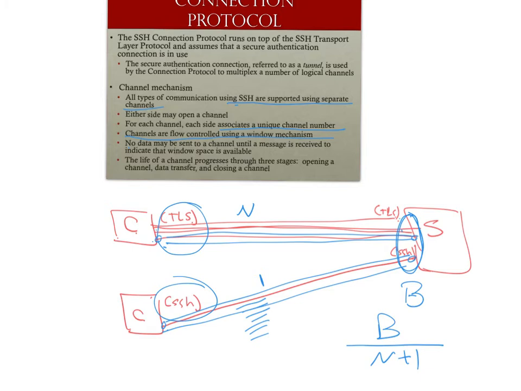Why? Because if this server has a certain bandwidth, the more connections you have, the more bandwidth you can tap into. So you can download the file faster by establishing more connections. But of course, you have to pay a cost for this because you have to maintain all these connections. You have to maintain the connection context, and also the security context. Okay?